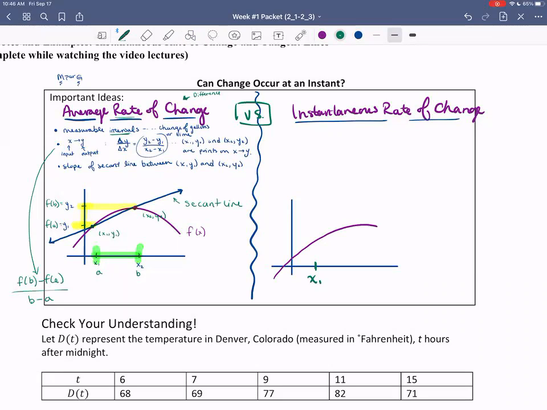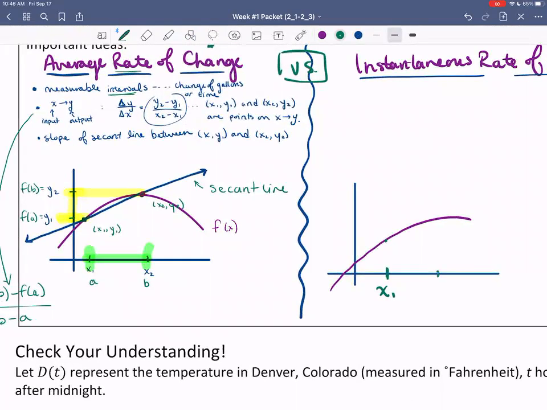We want to know, how does the function change in that moment? One thing that's common to do is to consider average rates of change, like we had previously done. But now, rather than this big interval of input, we want to see what happens as that interval gets smaller and smaller.